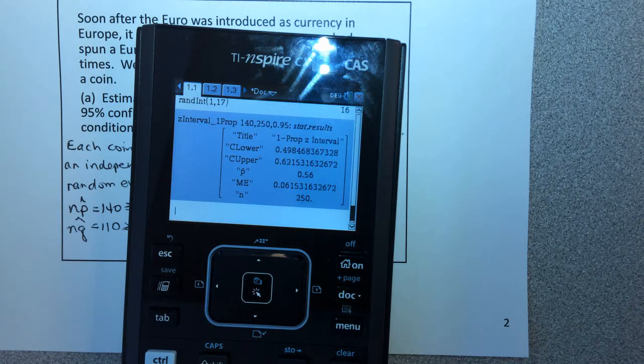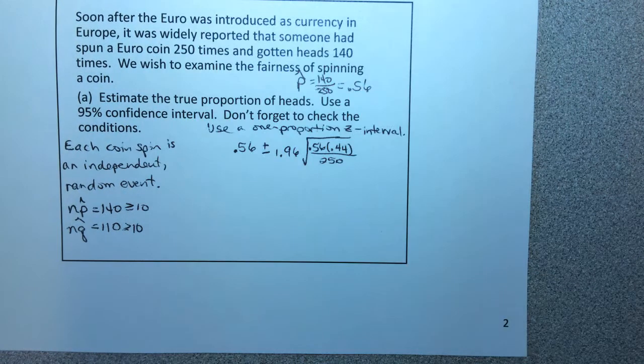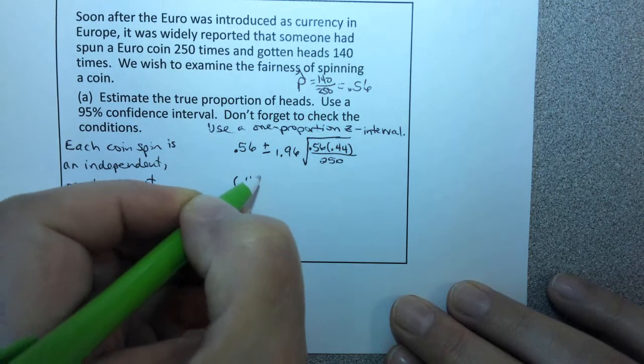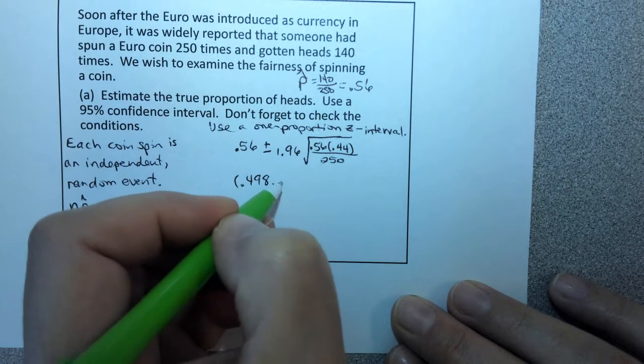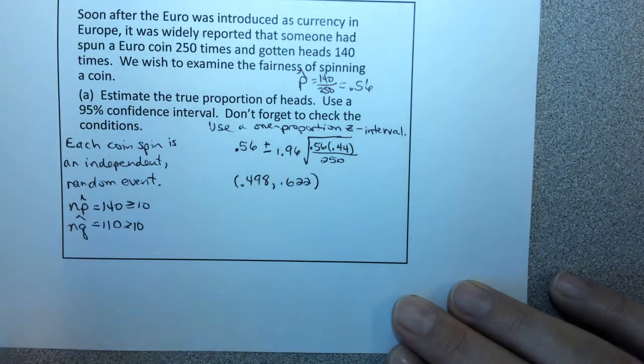So the lower bound is 0.498. That's pretty darn close to 50%, isn't it? And the upper bound is 62.2% if you round. Alright, so lower bound is 0.498, upper bound is 0.622.